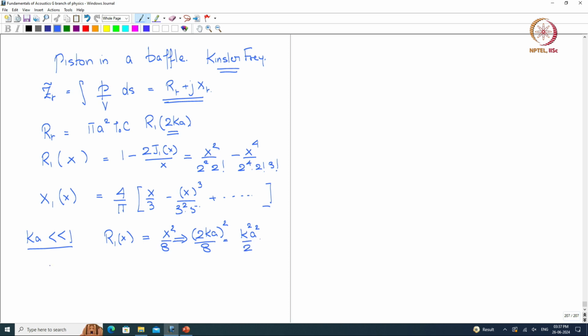That means my r of r is equal to pi a square rho 0 c k square a square by 2.